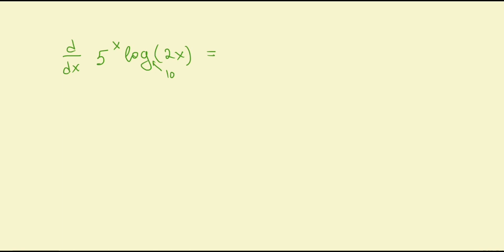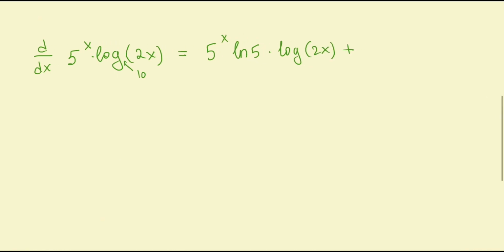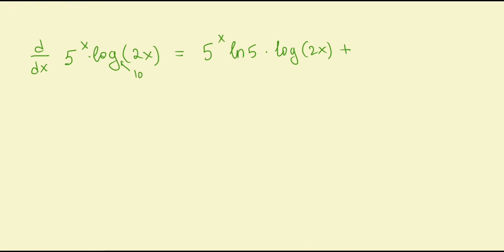Here we apply the product rule since there are two functions that are being multiplied, and we're going to find the derivative of the first function, which is 5 to the x times natural log of 5, times the second function, which is log of 2x, plus derivative of the second function, which is going to be the derivative of g of x, which is 2, over g of x and over natural log of the base, times the first function, which is 5 to the x.